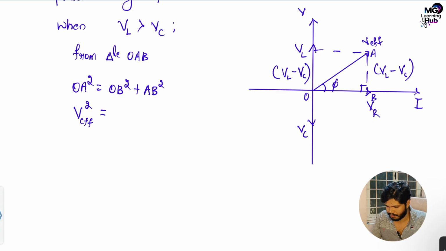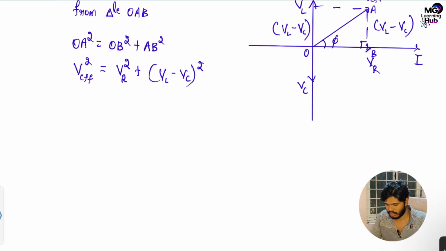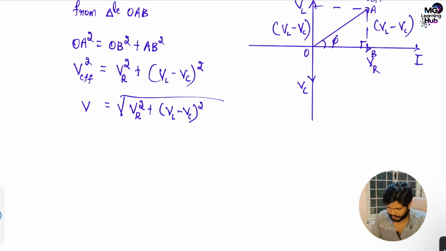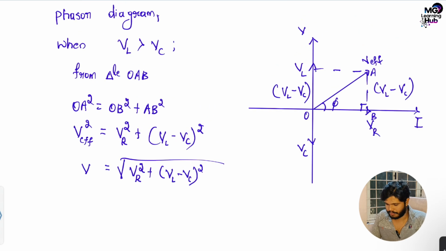OB will be VR square plus AB is nothing but VL minus VC whole square. Done. So I am writing this as V square. Square na right hand side ತಗೋಣ. Then it will become square root of VR square plus VL minus VC whole square. Done. Now let us call this as equation number 4.